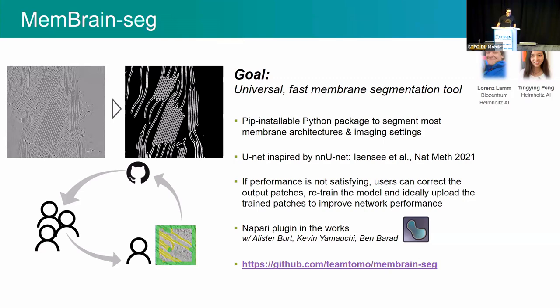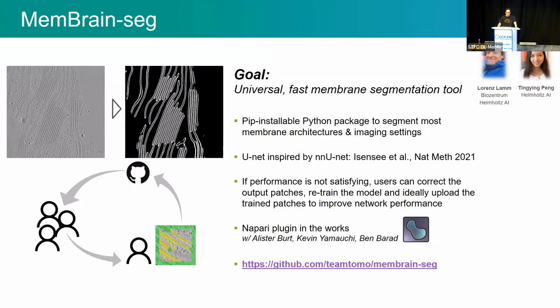And the idea of nnUNet is that it's a self-configurable architecture that will figure out the best network architecture for your particular problem. In our case, we are taking the most interesting parts of nnUNet for our problem and building a slightly different neural network that is specializing in detecting membranes in electron tomograms.